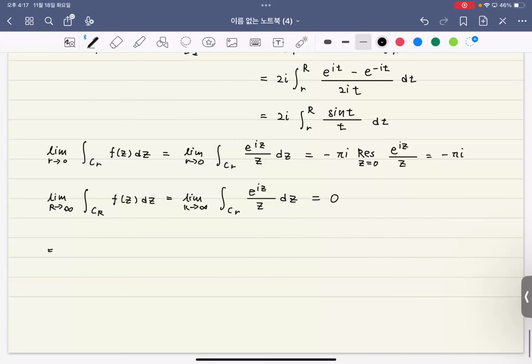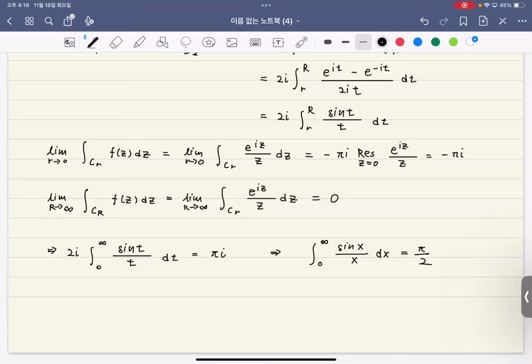So eventually, this one is pi times i. Oh, sorry. This time around, this is 0 to infinity. And so the integral from 0 to infinity of sine x over x dx is just pi over 2.